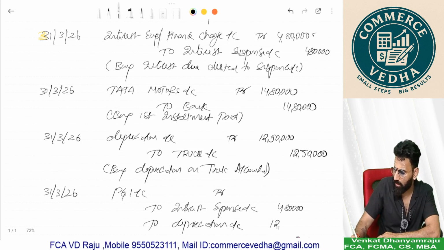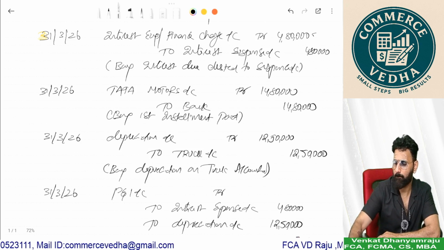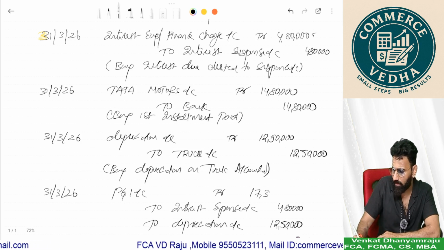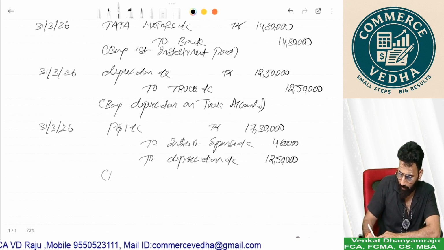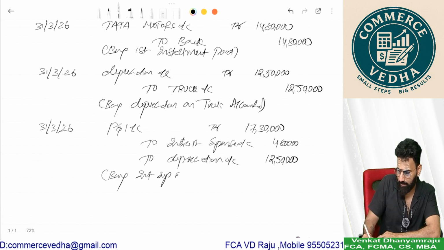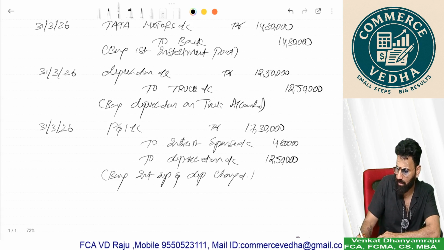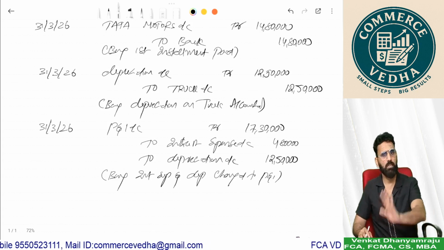Depreciation 1250, 17 lakhs 30,000. Transfer to P&L, we will write being interest expense and depreciation charged to P&L. First year is completed.